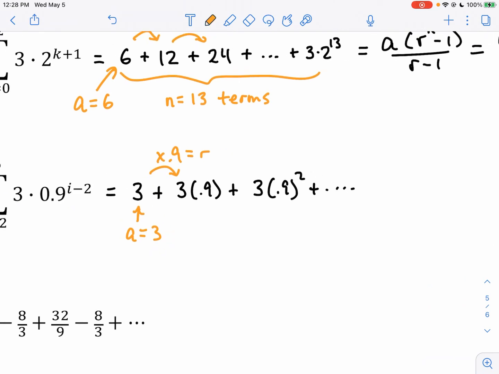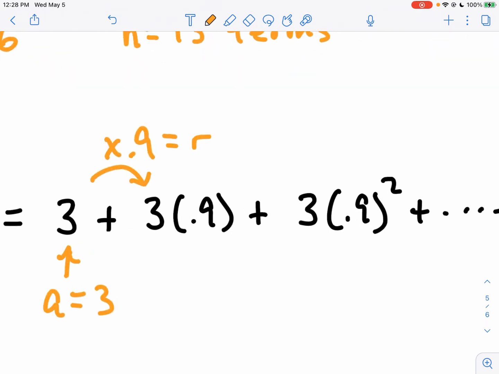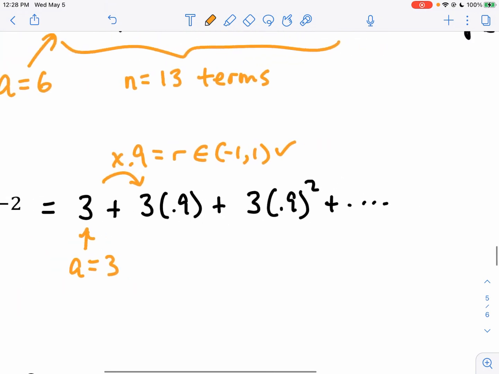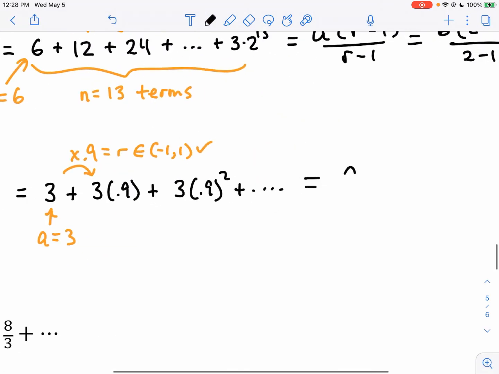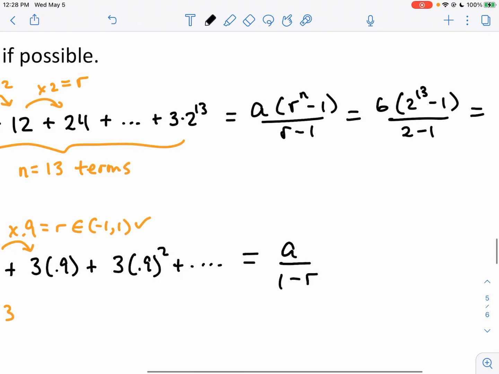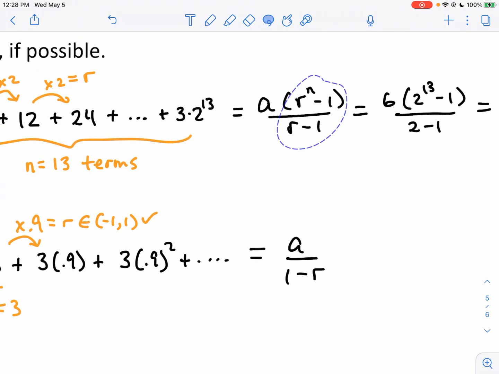And since this is a series, all we have to do is determine whether the r is between -1 and 1. Well, 0.9 is. So this is an element of the interval from -1 to 1. Check. So because our ratio is at an appropriate size, we know that this series will have a sum. It's going to be equal to a divided by 1 minus r. That's the same formula that we have for this, but reverse the subtraction and then let that part go to 0.